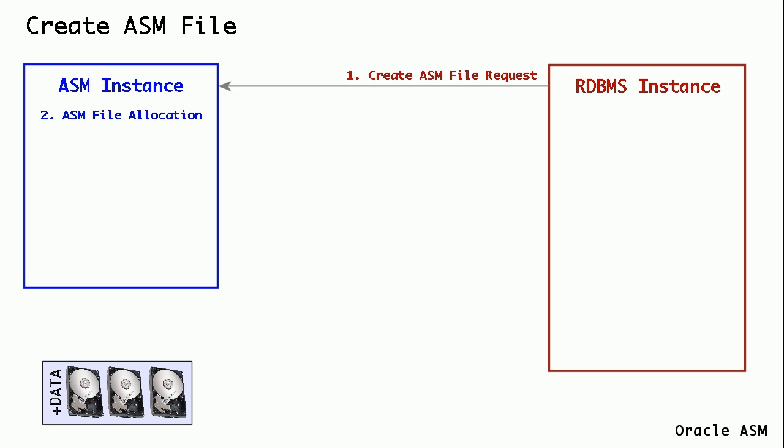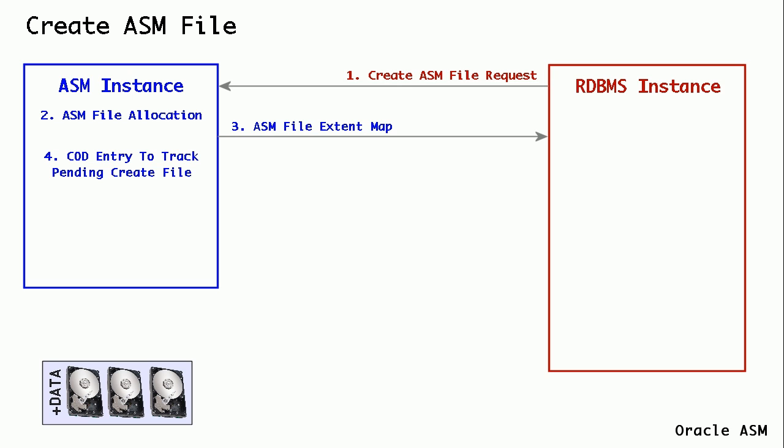ASM Instance sends file extend map for the new file to database instance. ASM Instance creates an entry in continuing operations directory to track the pending file create operation. Then, database instance performs required operations to initialize the file.